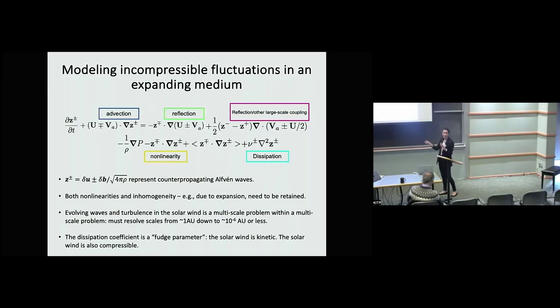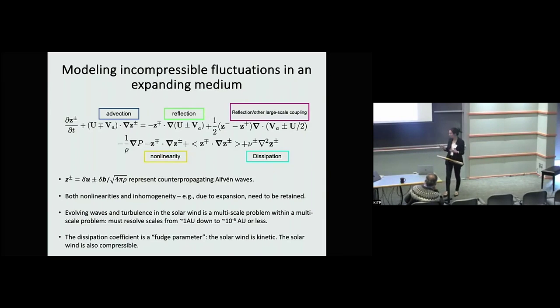And this is very important because then, even if you start with a purely imbalanced state, so purely outward propagating waves, you have inhomogeneity, and you get reflected waves, which go back to feed the nonlinear term here. So this is, for example, fundamental for the so-called wave reflection-driven turbulence, which is an important part of so-called wave-driven wind models, okay?